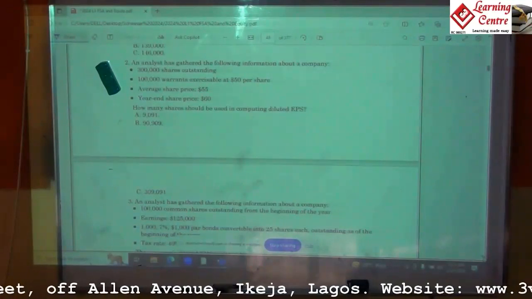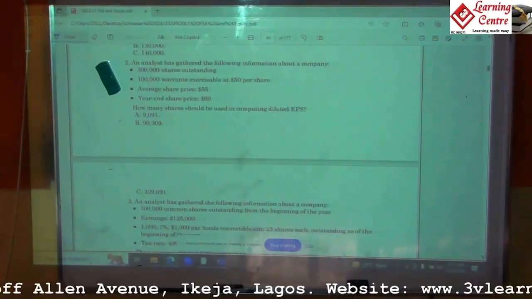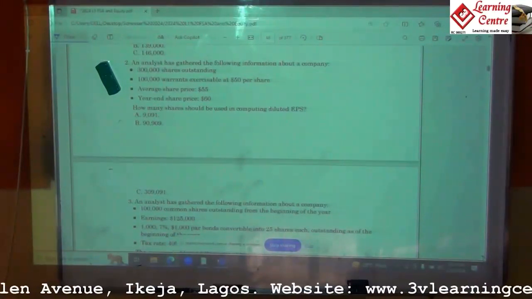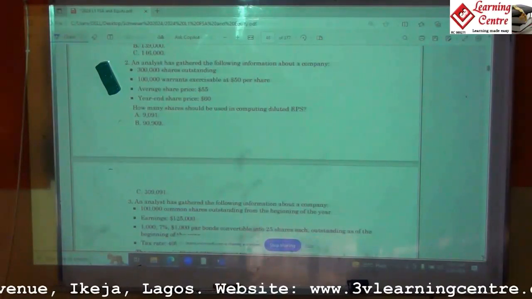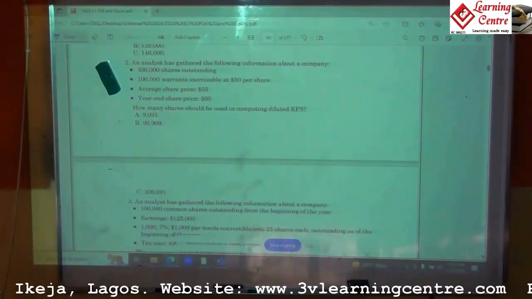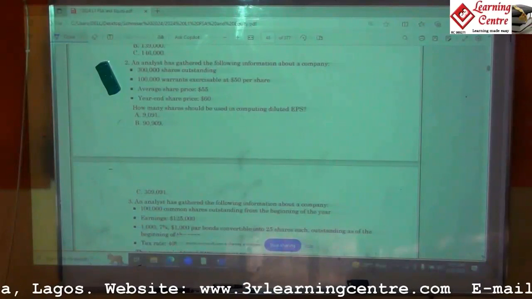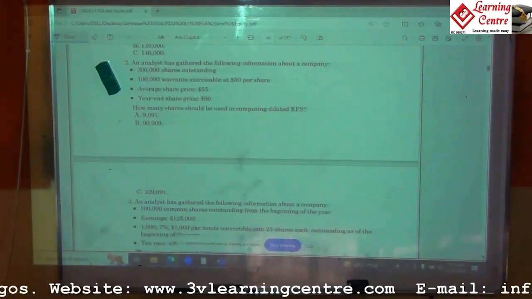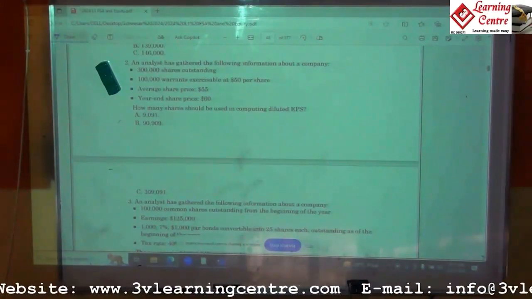So what do we think? What's the formula first of all? Average market price minus exercise price, divided by the average market price.